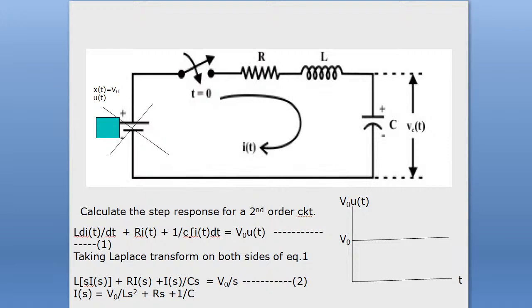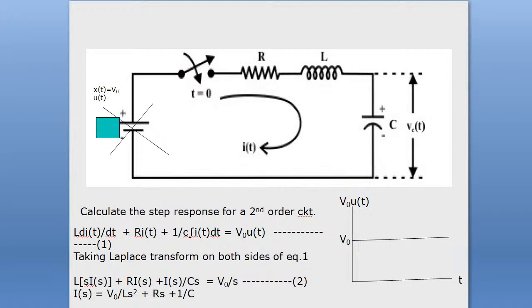You will get the final expression I of t equal to V naught by L. Okay, so you can express this equation as a partial fraction expression, and then you take the inverse Laplace transform.